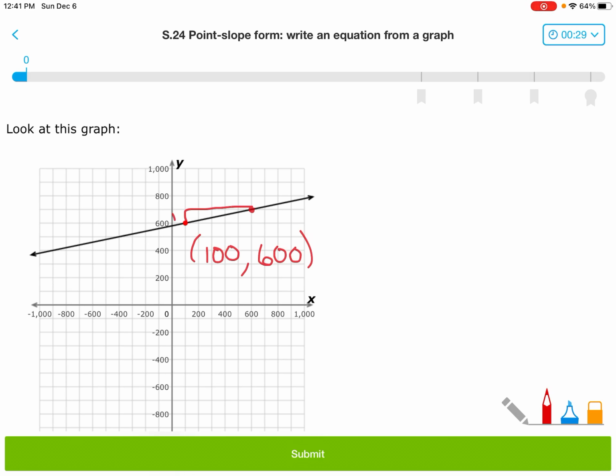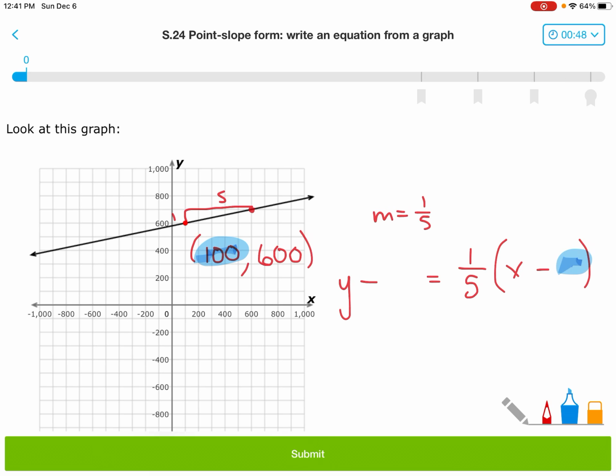Right, 1 over 1, 2, 3, 4, 5. So my slope is 1 over 5. So I'm going to set up my equation, y minus equals 1 over 5, and then in parentheses, x minus. So we're going to fill in the x value here and the y value here. So x minus 100 and y minus 600.